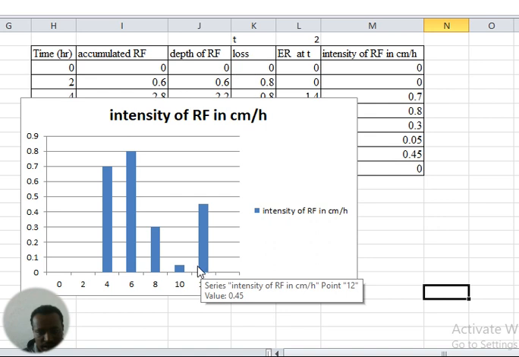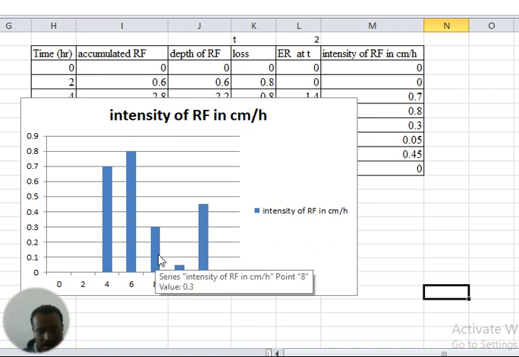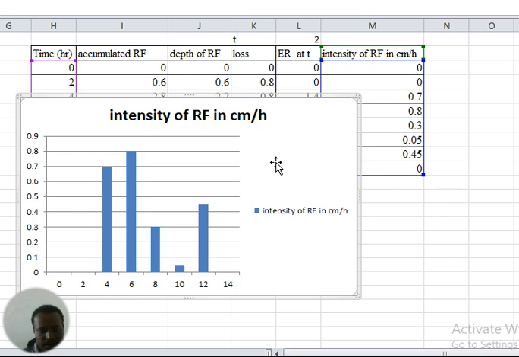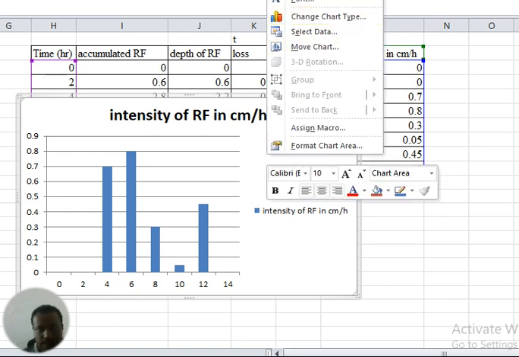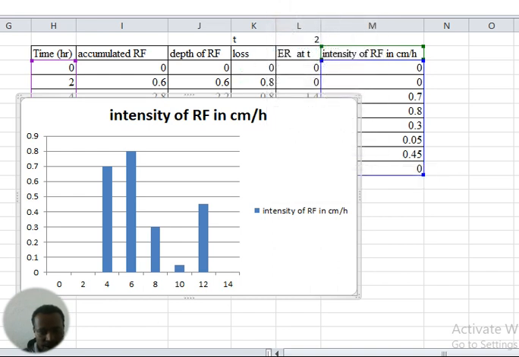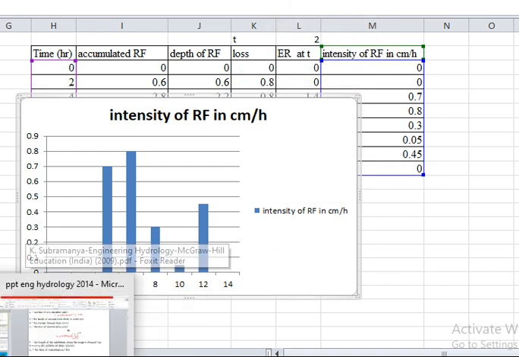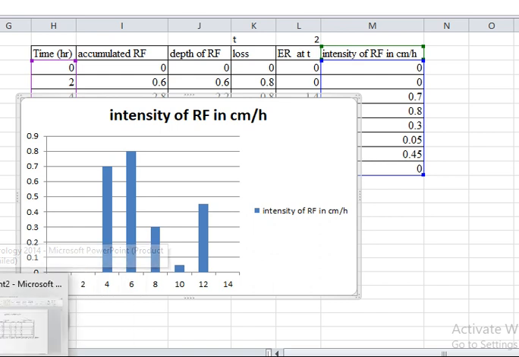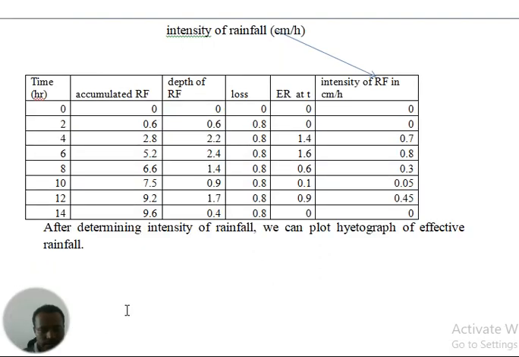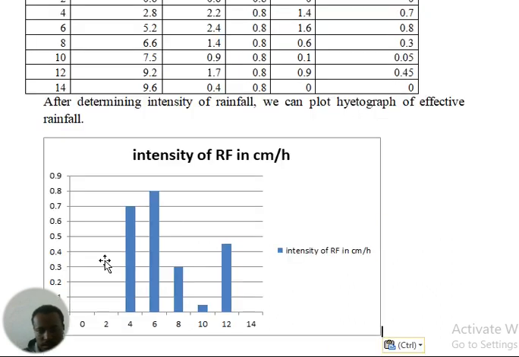This 0.45. So it is the intensity hyetograph. This is the intensity hyetograph.